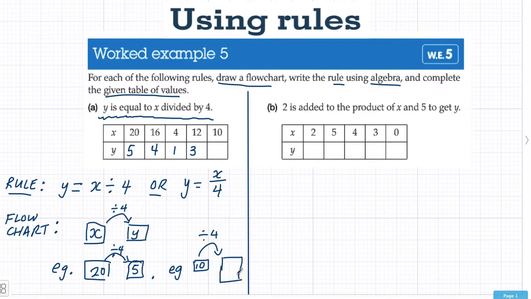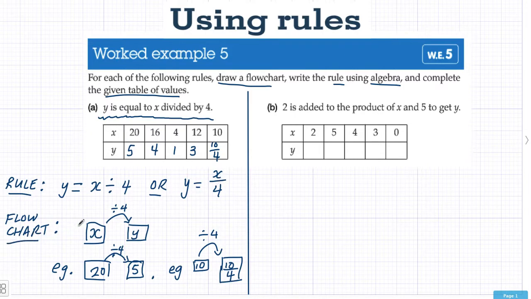Now it's not a really nice number. It's actually 10 divided by 4 because it doesn't turn into anything particularly nice. So we'll write that as 10 divided by 4 as a fraction. Some of you might have written that as 5 over 2 because it's simplified, which is really great as well. So we filled in the first table.